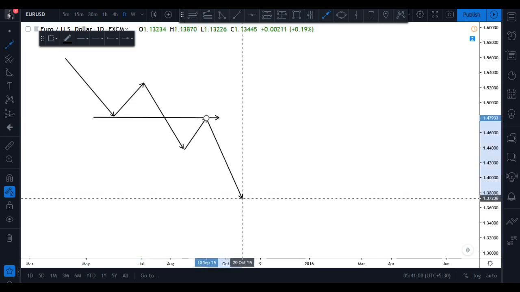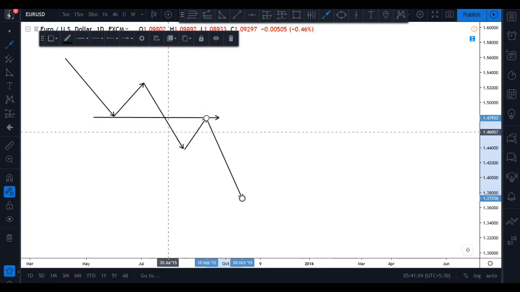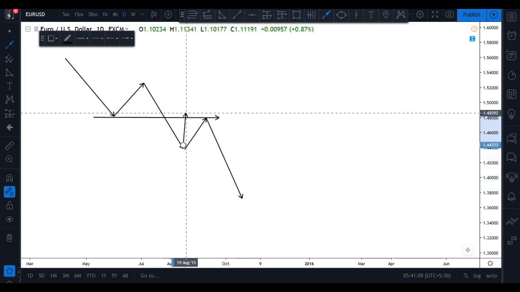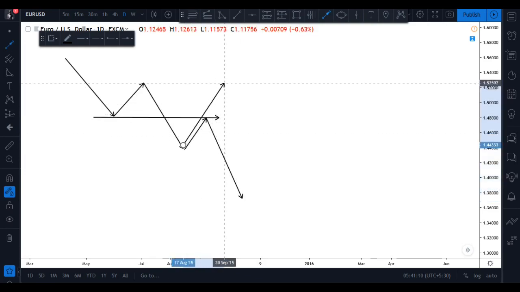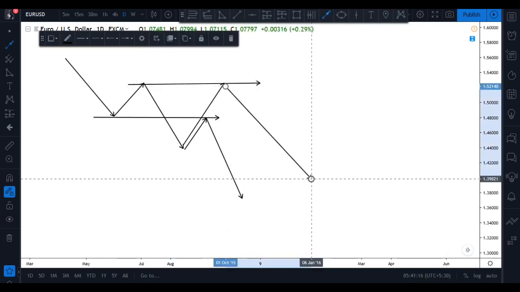If this is not a significant break, it means the market will most probably come to this structure level and then continue to the downside. Remember that, and it will be useful.